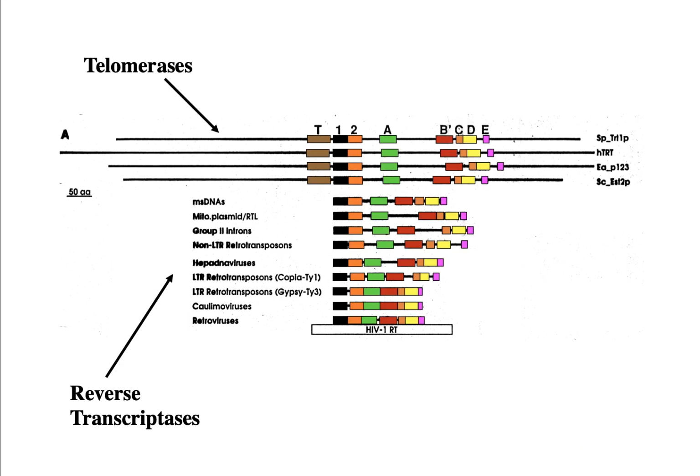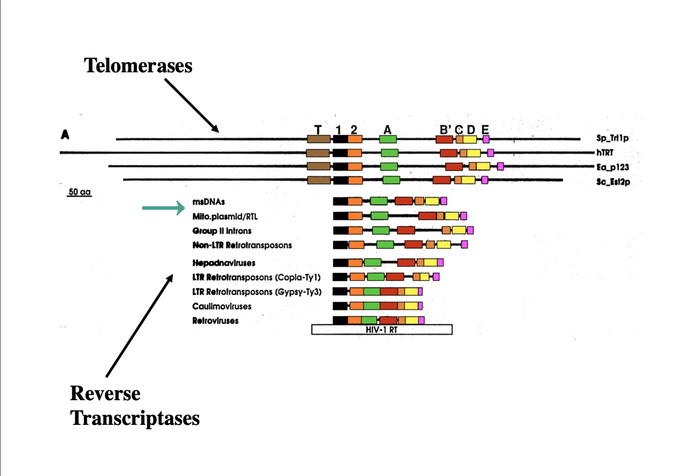Here is a comparison of each of those sections that came out of a paper a few years ago. And so at the bottom you can see the retroviruses like HIV, and then the next section up you can see chylomyviruses, which are plant viruses, and they only infect plants, so those have been transferred somehow into plants. And then you have the LTR retrotransposons in arthropods, HepaDNA viruses, non-LTR retrotransposons such as in us, group 2 introns, which you find a lot in mitochondria as well.